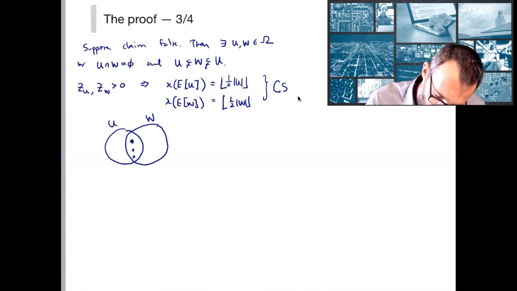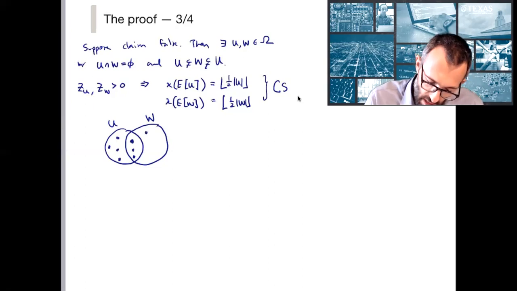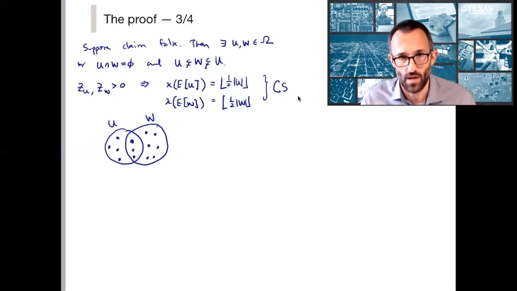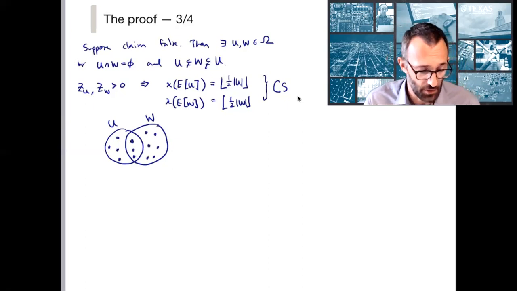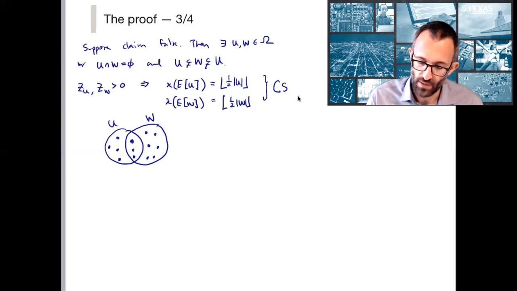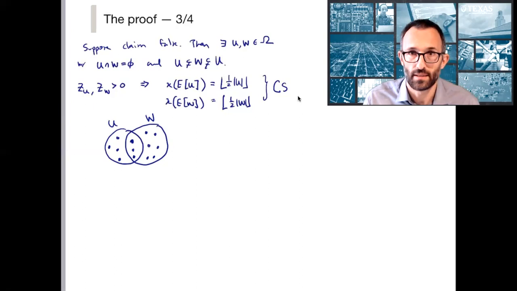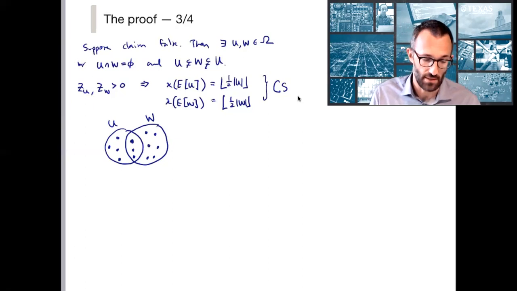Maybe there are others, and possibly U has additional vertices in it, and also possibly W. So let's see what the previous claim will give us, and the fact that we have complementary slackness here.